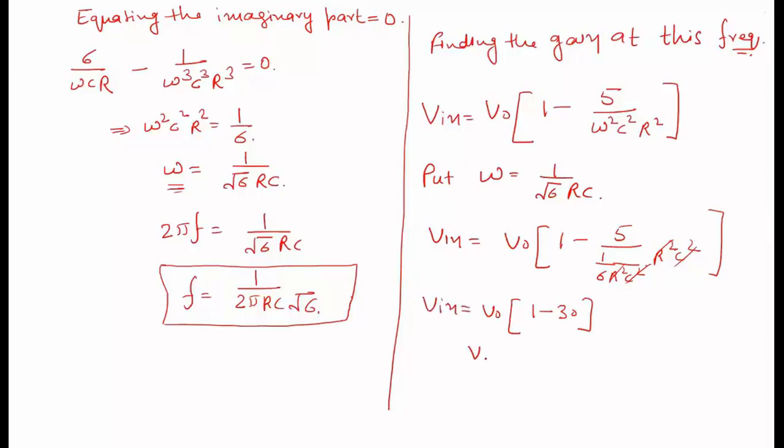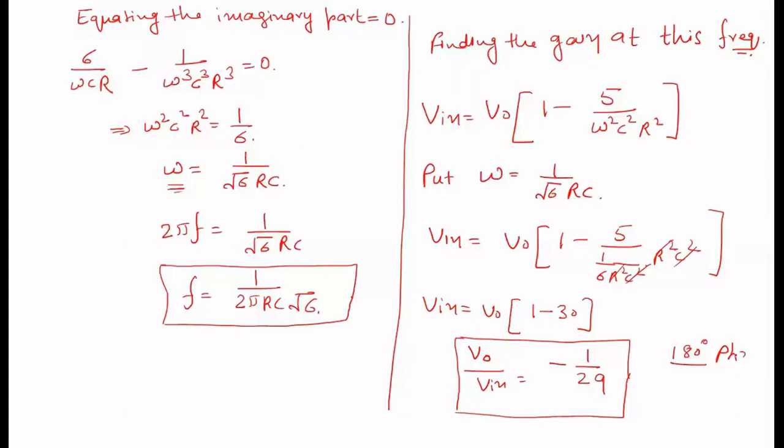So we can write V naught by V in is equal to minus 1 upon 29. So this is the feedback factor, that is the beta. Here we can see that the minus sign shows the phase shift. Hence we can say that there is a 180 degree of phase shift, and the feedback factor beta is equal to 1 by 29.